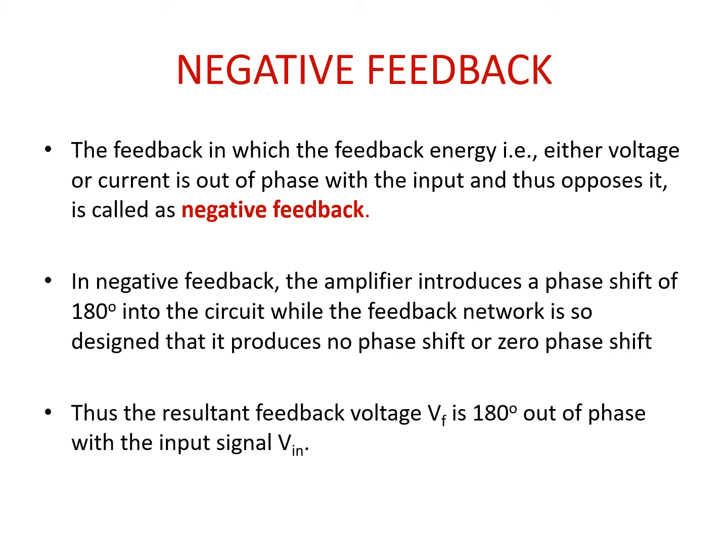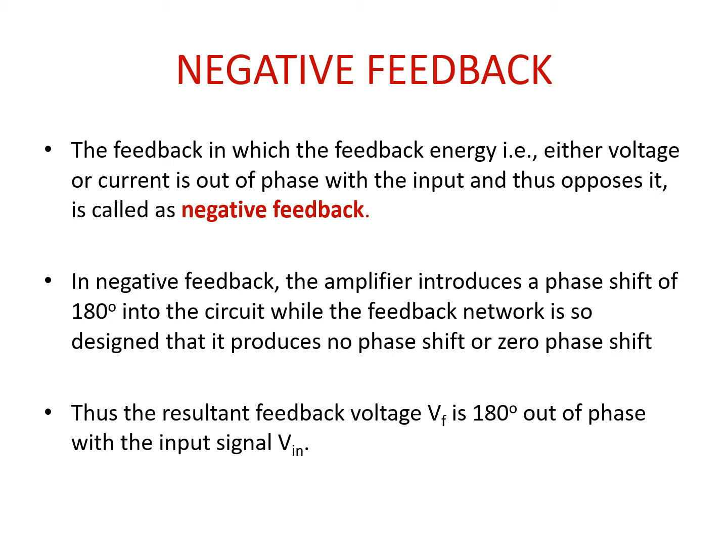Okay, now in negative feedback what will happen is the amplifier is going to create the phase shift of 180 degrees. Okay, but the feedback network is not going to create any phase shift, it will have a zero phase shift over here. When we go towards positive feedback, there both the amplifier circuit and the feedback circuit used to give the phase shift of 180 degrees plus 180 degrees.